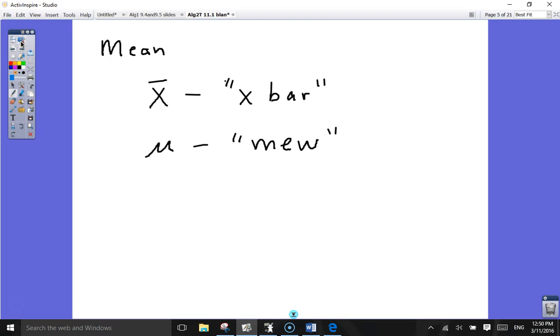I'm probably going to come up with a sample, something that's smaller, that I think is representative of all America, and I'm going to measure that smaller sample. And when I take that average, that's X bar. Mu means it's the population, which usually you don't know. X bar means you did a sample, which you know. So there actually is a difference between them, but we're really going to use them kind of as the same thing in this class.